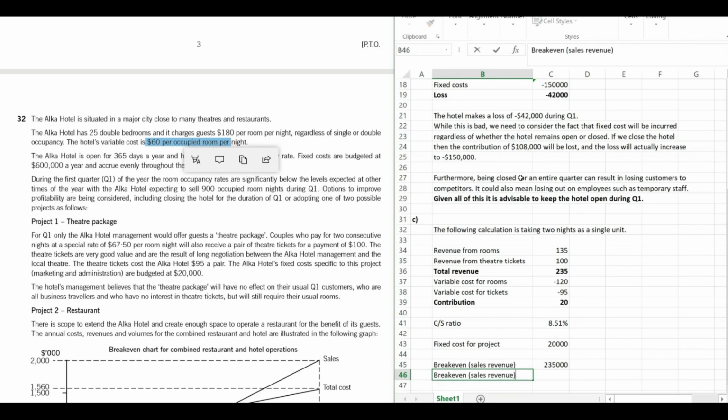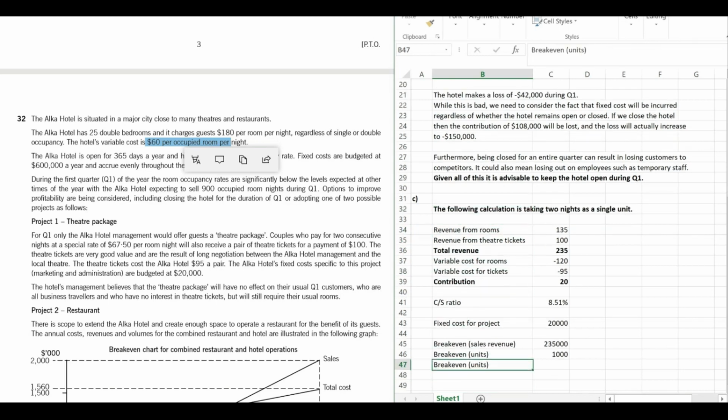So break even in terms of rooms is going to be this $235,000 divided by this much. This will tell you how many units we need. So this is break even units, and remember each unit has 2 rooms like we mentioned above. Let's make that bold so that we also keep referring back to it. So break even number of rooms is going to be technically this into 2. So we need 2,000 rooms. How many do we have available?